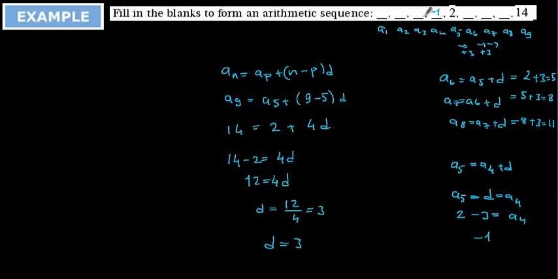So this is going to be minus 1. If you subtract 3, minus 4. If you subtract 3, minus 3, and minus 3 I'm going to write here, it's going to be equal to minus 7. If you subtract again minus 3, it's going to be equal to minus 10.